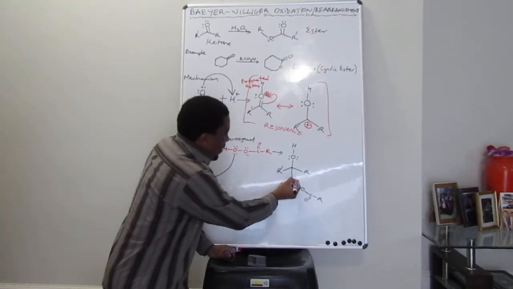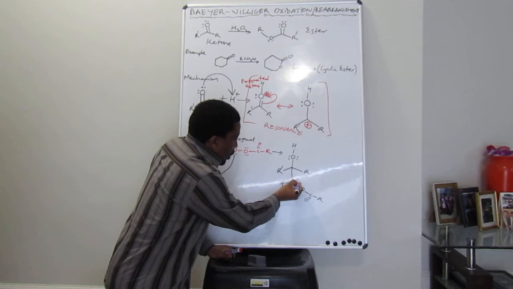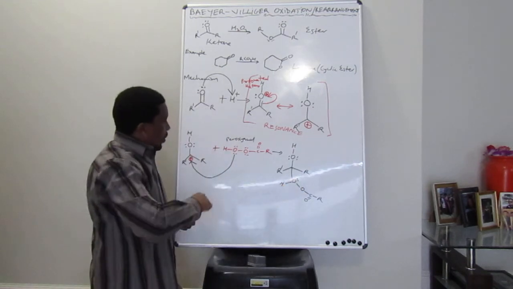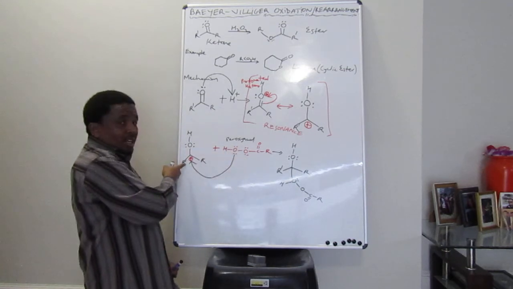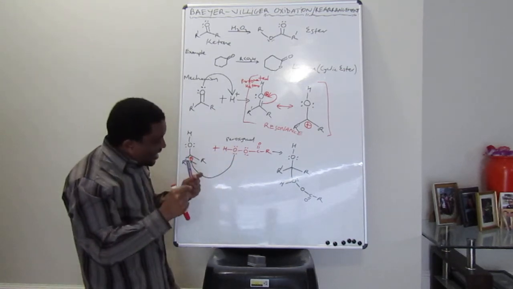Then we are only left here with one lone pair. Now, if this oxygen was neutral in charge and then it attacks a positive species, what does that imply?